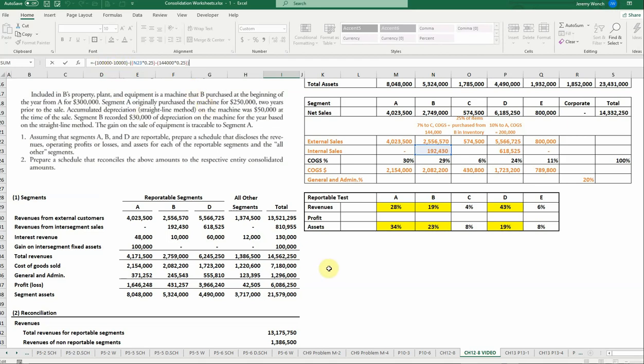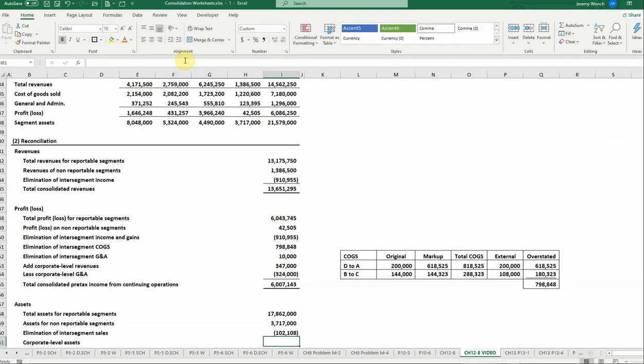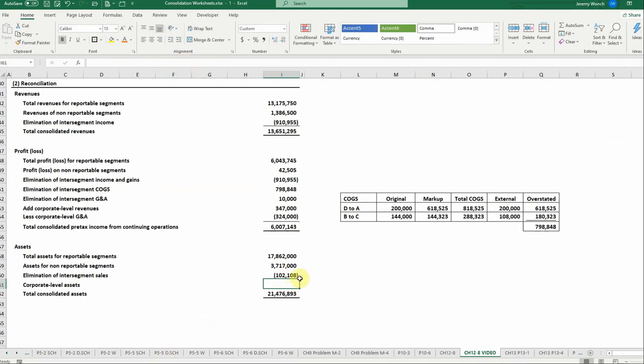Then we need to correct the inventory that C has on their books, which is overstated. As of the total sales, which was 192,000, they had 25% left. That's the total amount they had on the books, but we're okay with showing the true cost of that. We just need to find the overstatement. So the true cost is the 144,000 times the 25%. Gives us an overstatement of assets of 102,108.